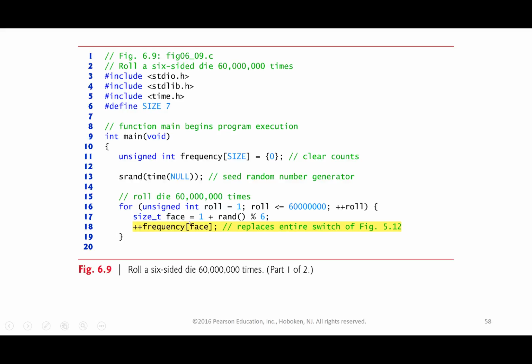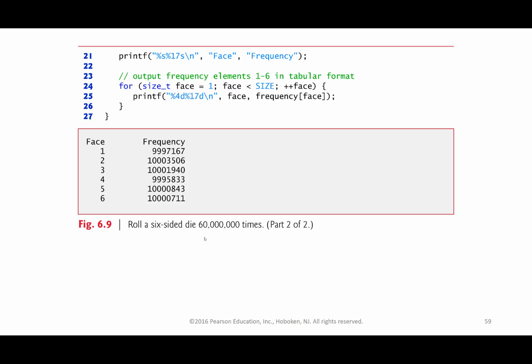So I'm calculating what the dice is thrown as, and that replaces the entire switch. Earlier we looked at the same program with a switch statement. Now we're using the array to store the frequency. And we get something similar to what we looked at before.